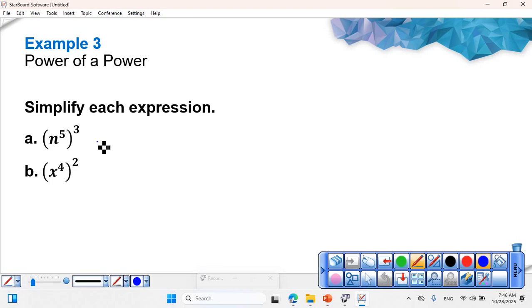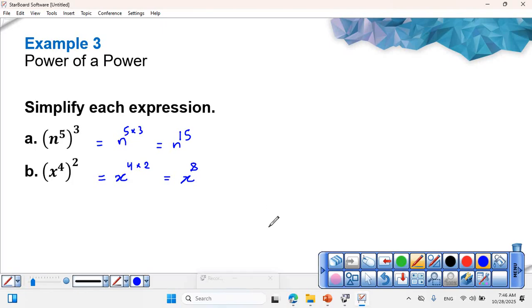This equals n to the power 5 times 3. This equals n to the power 15. Also, here, in question B, the same process. x to the power 4, to the power 2, times 2, power 2. The answer is x to the power 8. It's easy. Okay?